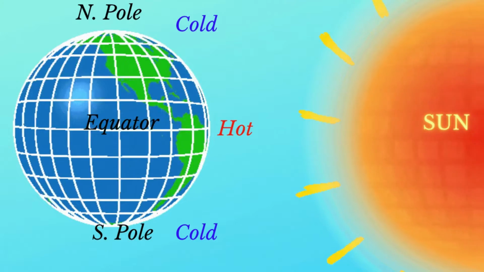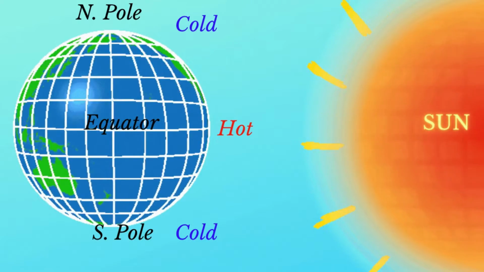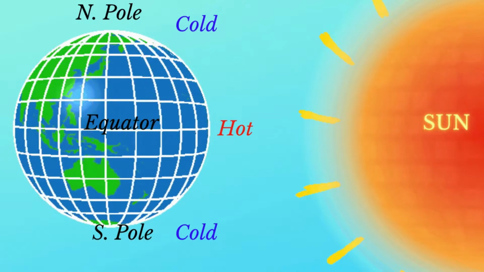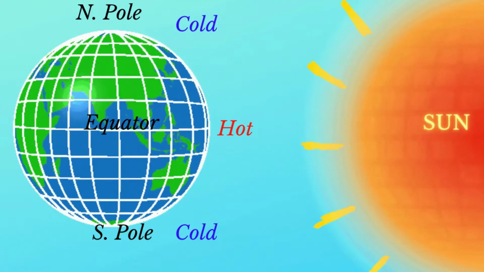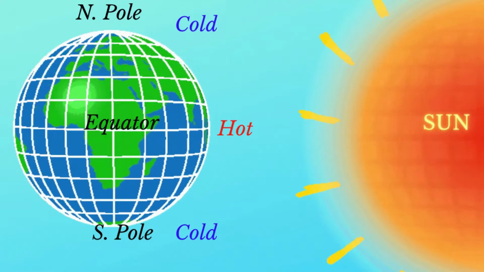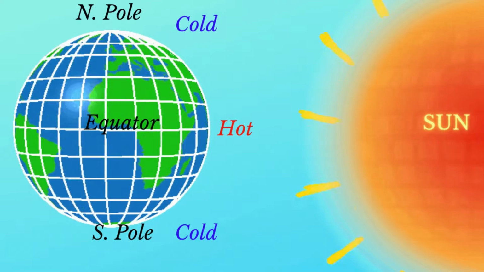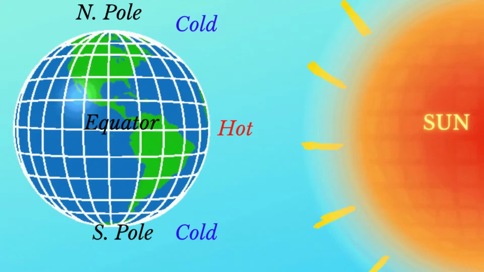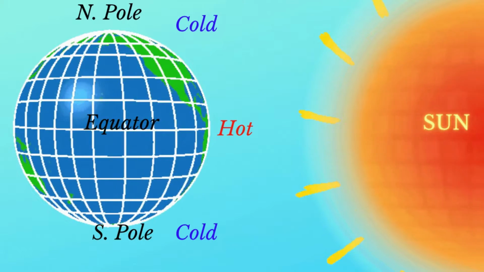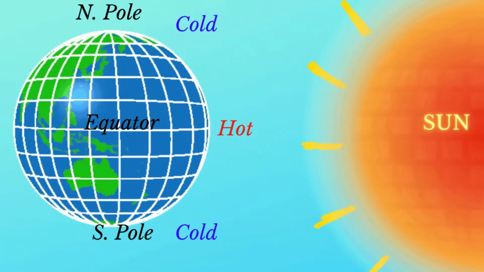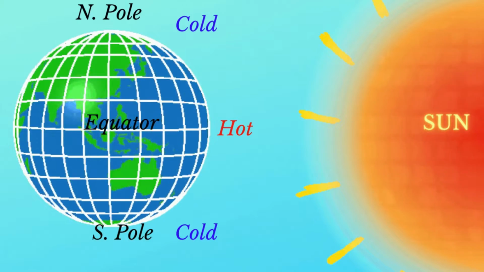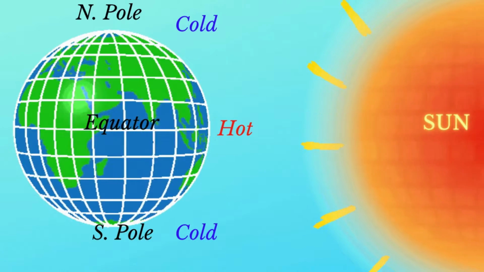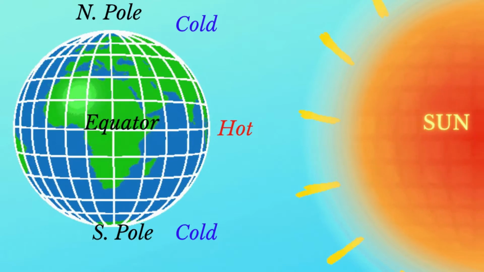Since the sun's insolation varies with latitude, places near the equator will receive more heat than places near the poles. Places near the equator are therefore hot, while places near the poles are cold.